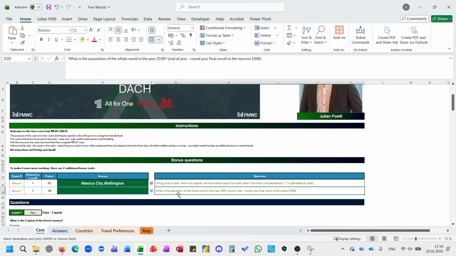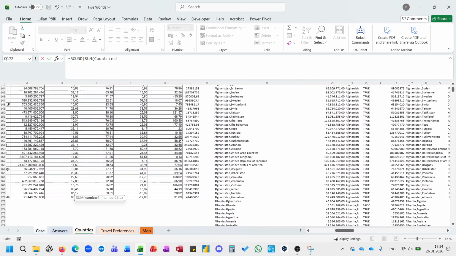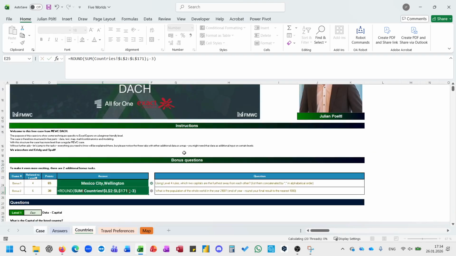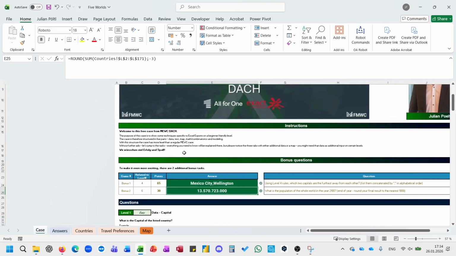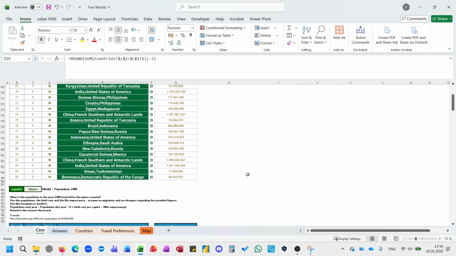What is the population of the whole world in 2100? Round to the nearest 1000, so -3. And since we have calculated this here for the whole world, you can simply sum this, round -3, and we are done. So actually kind of an easier case.